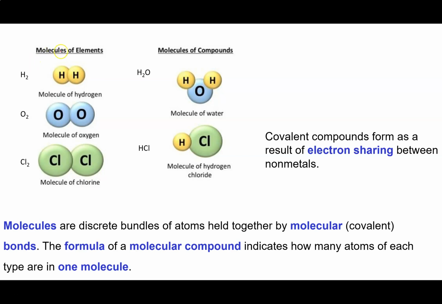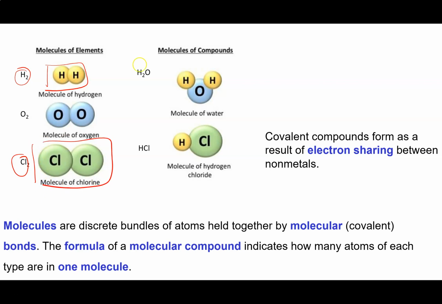So for example, if we have a molecular element like H2, the H2 is indicating that the element is composed of molecules containing two hydrogen atoms bonded together. Similarly, if we have Cl2, we understand that a molecule of Cl2 contains two chlorine atoms bound together.